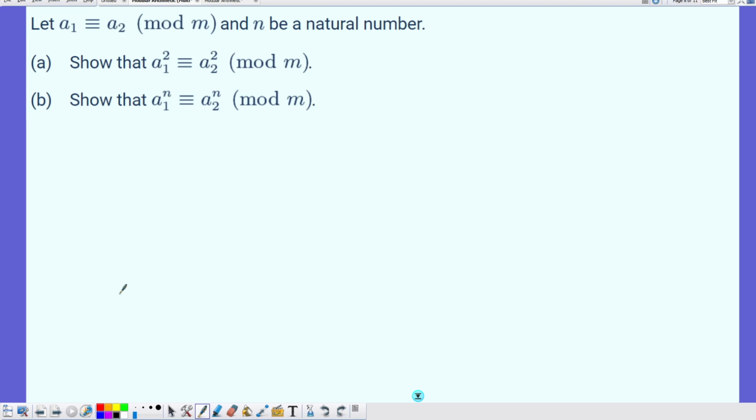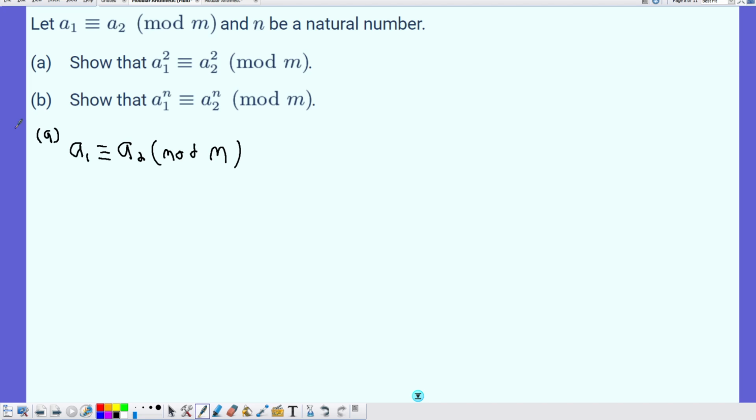And what we know is that a1 is congruent to a2 mod m. And let us begin part A.